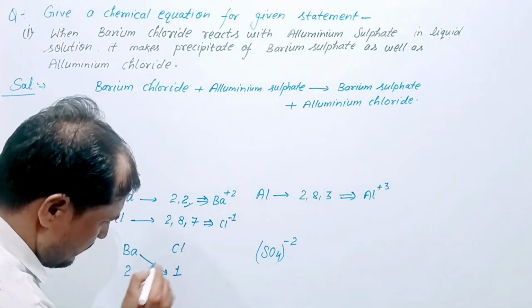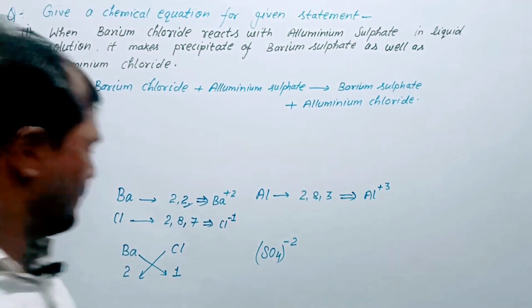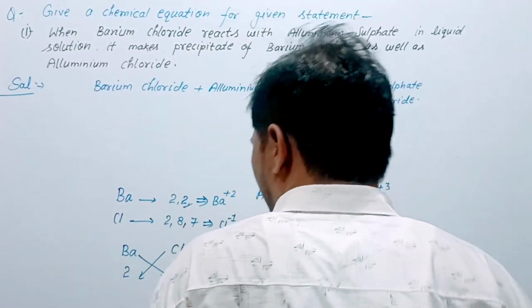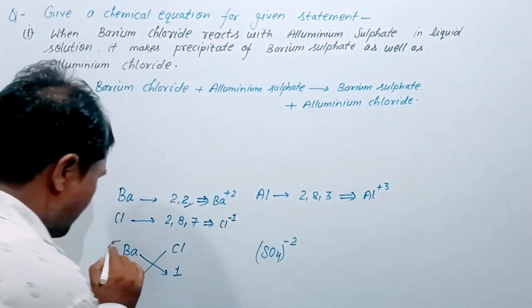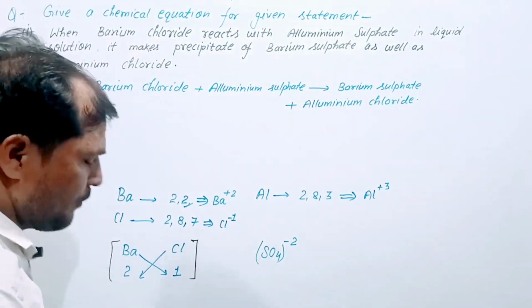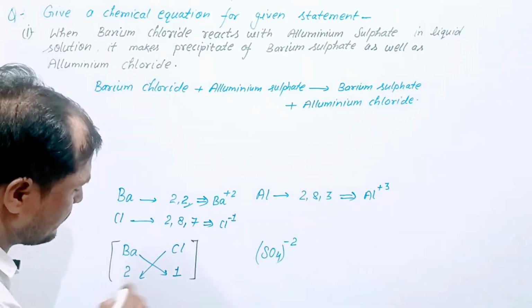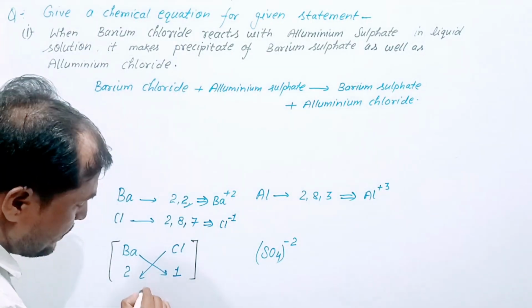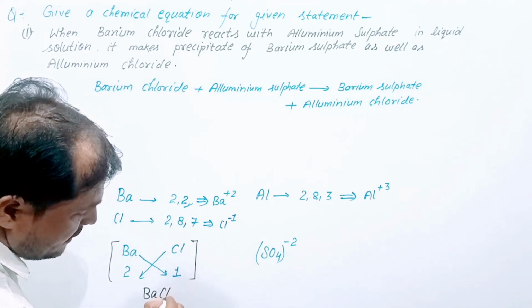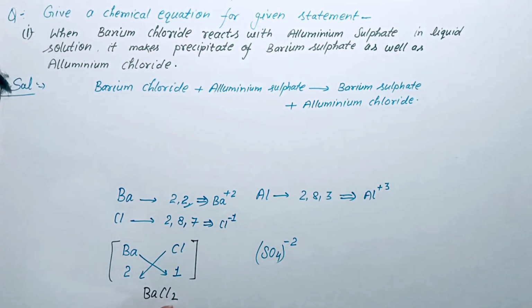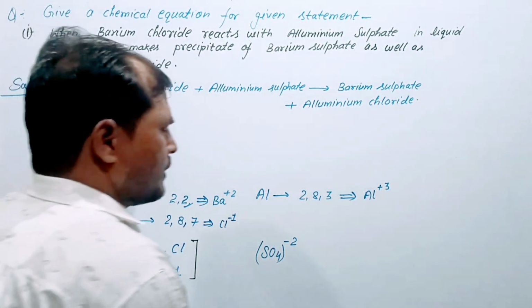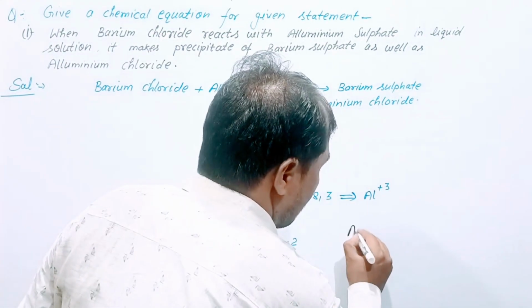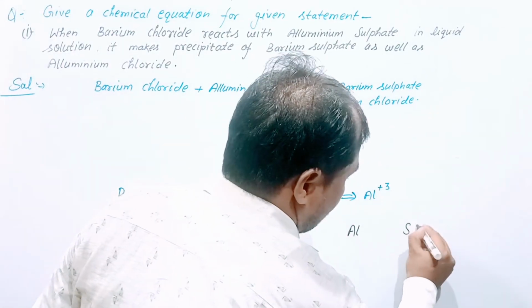Now by this process we can write the formula of the chemical compound barium chloride: BaCl2. Similarly, aluminum and sulfate.